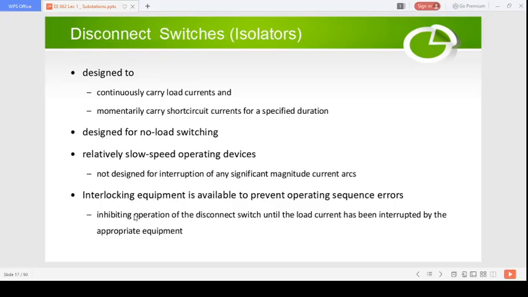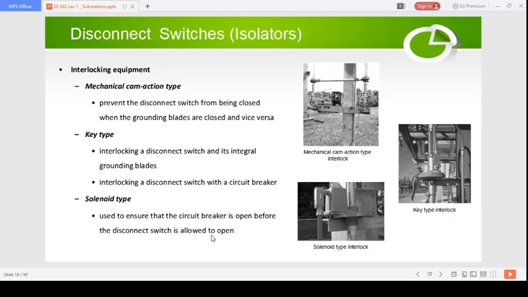For example, this interlocking equipment inhibits the operation of the disconnect switch until the load current has been interrupted by the appropriate equipment. This interlocking mechanism makes sure that this switch will not be opened until the load is broken by some other equipment like a circuit breaker. And the same thing applies to grounding as well.